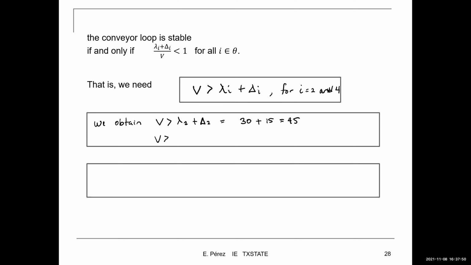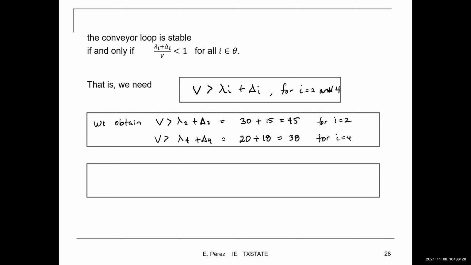And V has to be greater than lambda 4 plus delta 4, which is 20 plus 18, which is equal to 38. So this is for I equals 4, and this is for I equals 2.